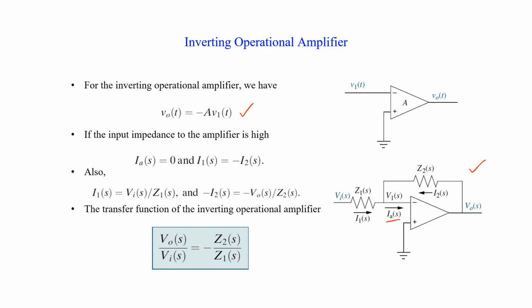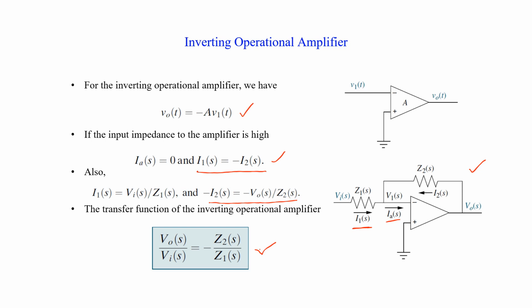If this is the case, then I1 will be equal to minus I2 of S. And also we know that I1 of S is equal to VI over Z1 of S, and also minus I2 will be equal to minus V0 by Z2. So if we put I1 and I2 in this equation, we will get the relationship between output of the operational amplifier to its input Vi.